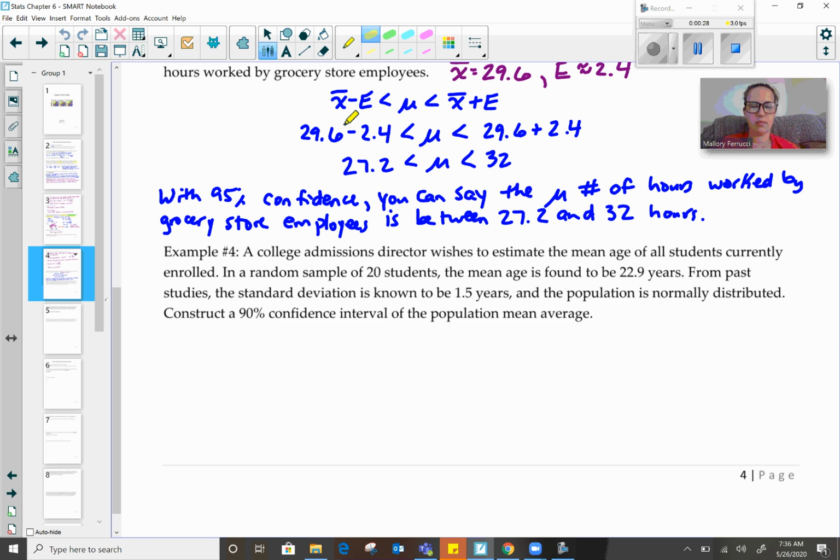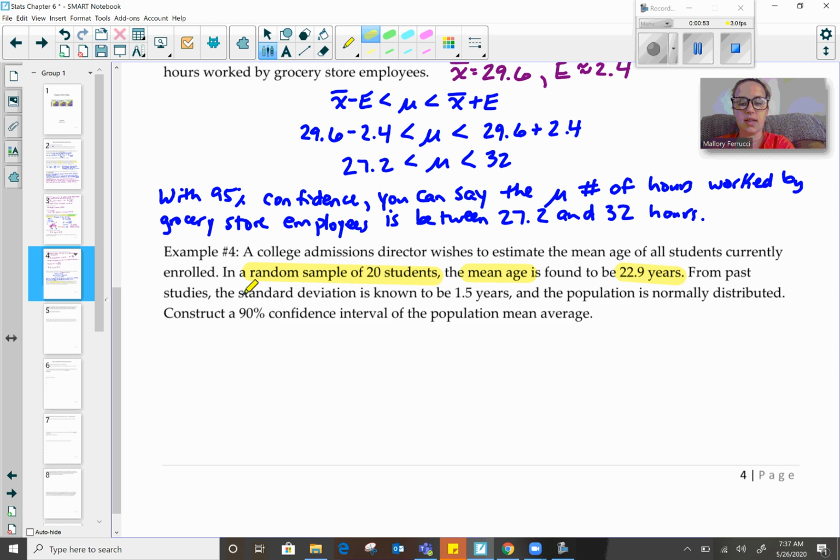A college admissions director wishes to estimate the mean age of all students currently enrolled. In a random sample of 20 students, the mean age is found to be 22.9 years.